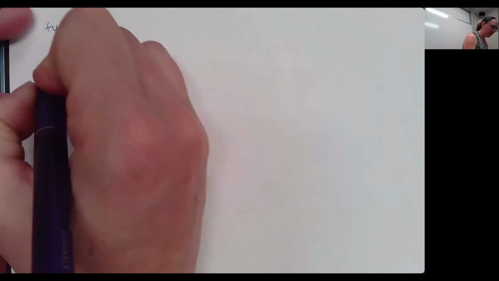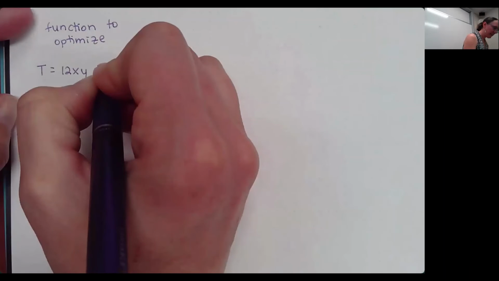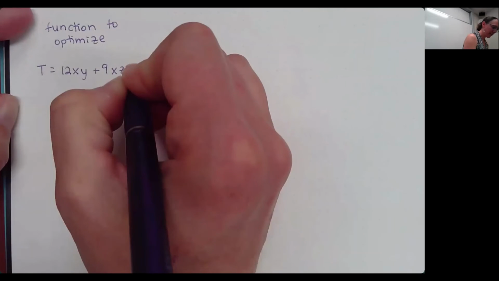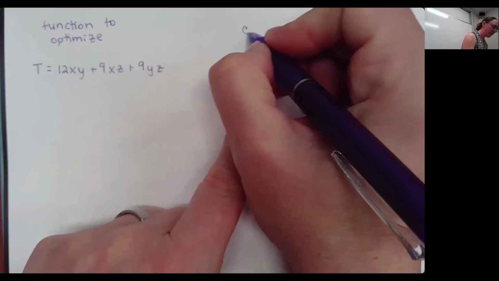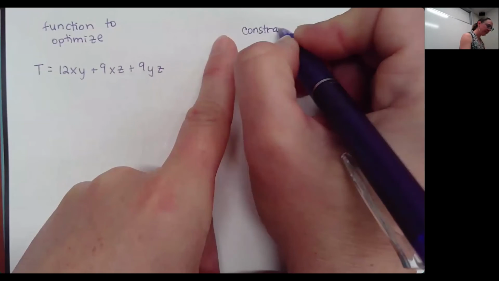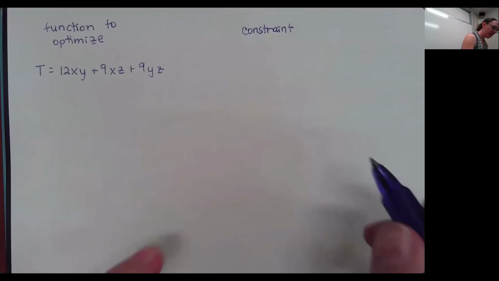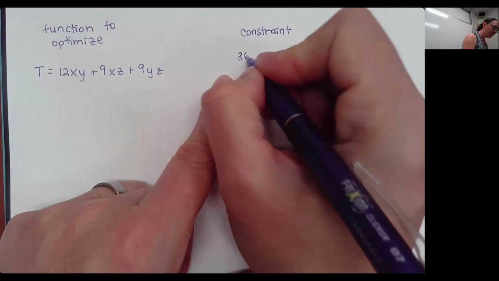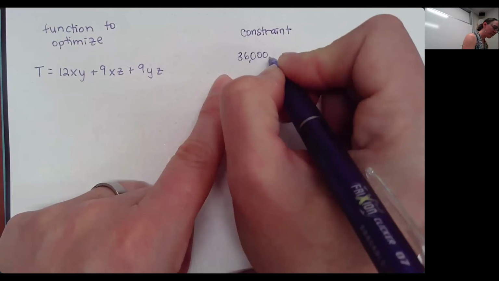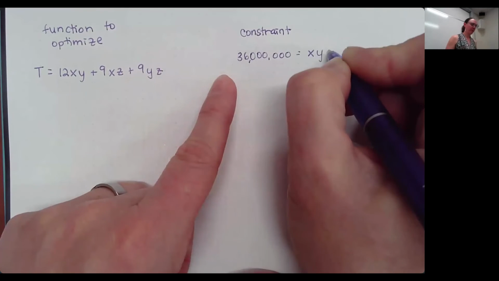T is equal to 12xy plus 9xz plus 9yz. And our constraint was that 36 million had to be equal to xyz.